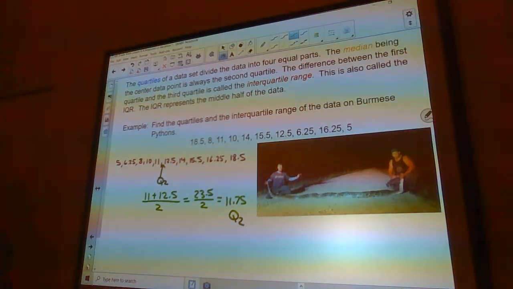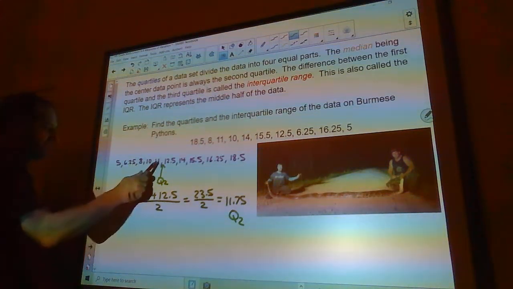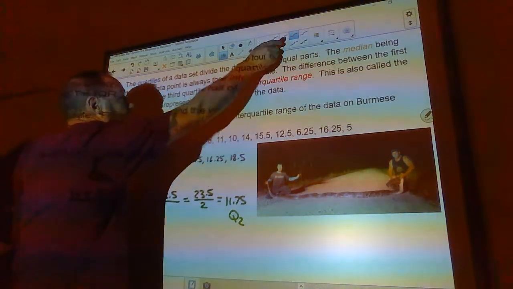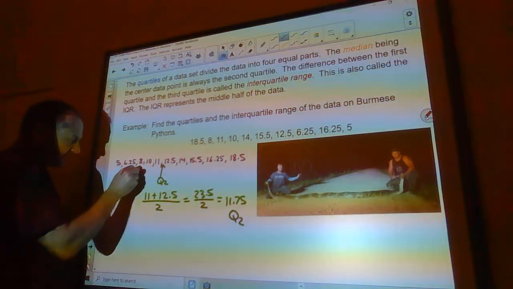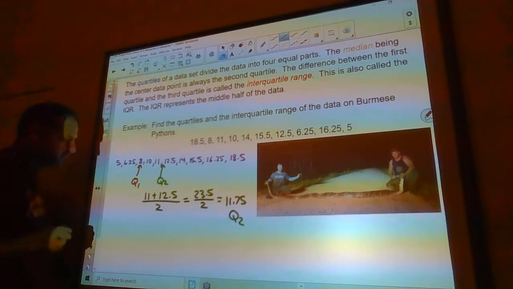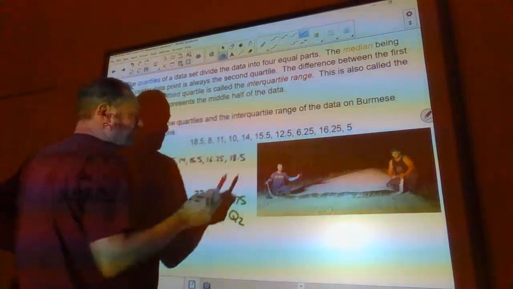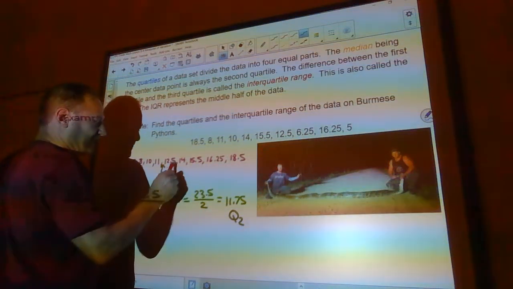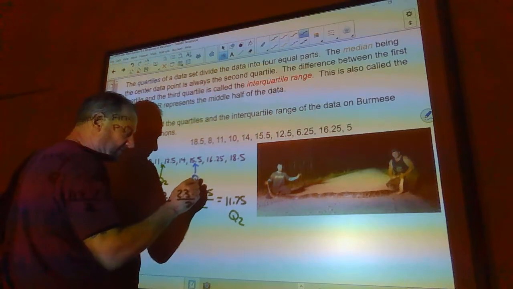Now, I need to find Q1 and Q3. Q1 will be the middle of the bottom half of the data. There are 5 values here, so it's going to be the third one. There's Q1. Very simple to find. And then Q3 is going to be the middle of the top half of the data. There are 5 digits there, so it's going to be the middle one. That's Q3.